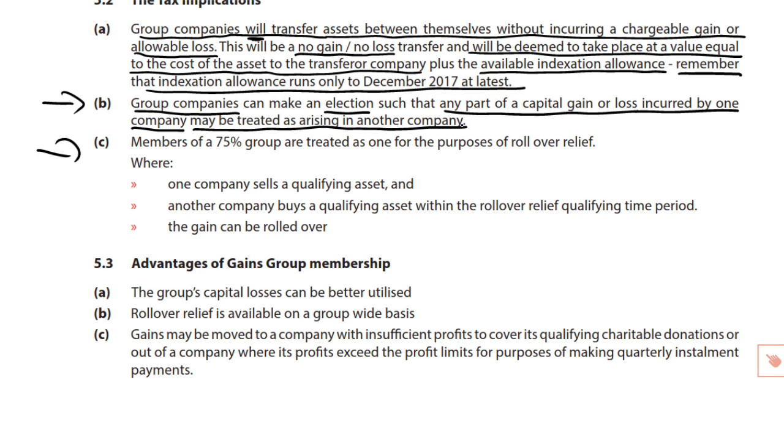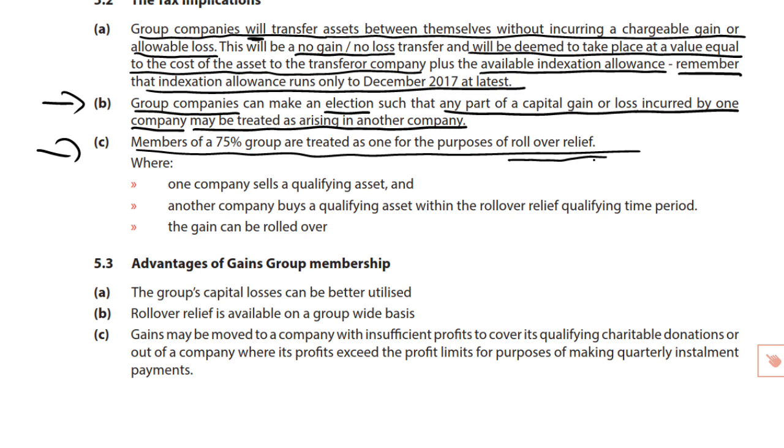So the second of the two elections, the third point that we need to know about gains group membership, is actually something we're already very familiar with, and that is rollover relief. Members of a 75% group, again the gains group, are treated as one for purposes of rollover relief. This is known as group rollover relief. Now, rollover relief arises where, if you claim it, a company has disposed of a qualifying business asset, usually a business property used within its trade.